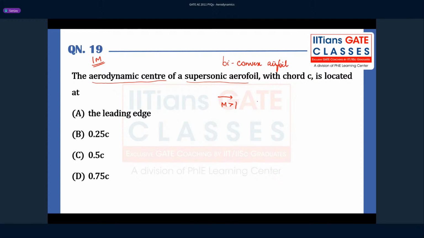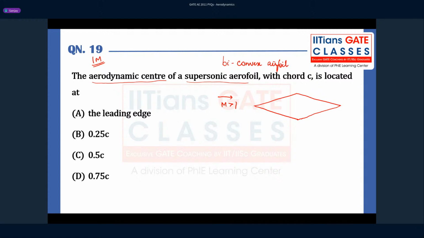Have you all seen this type of diamond-shaped aerofoil? It's just like a rhombus kept horizontally. A derivative of this diamond-shaped aerofoil is the biconvex aerofoil.